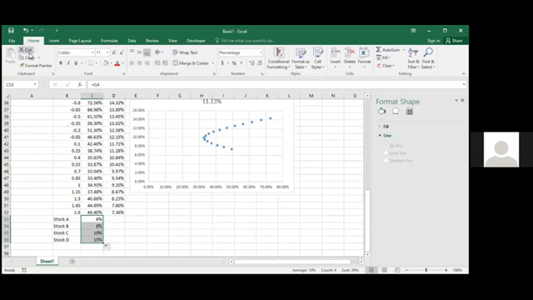This part we can enter the variance value or standard deviation value.